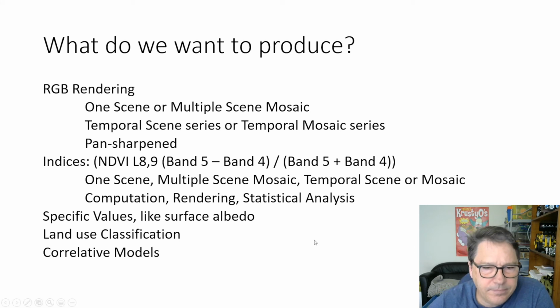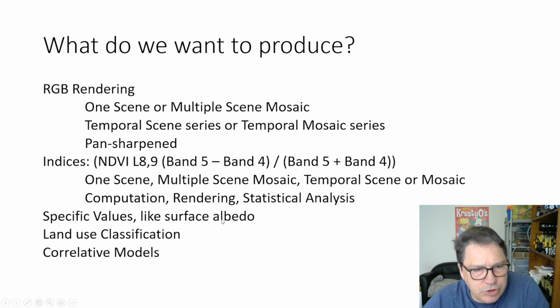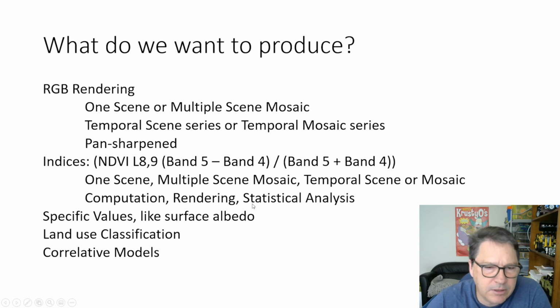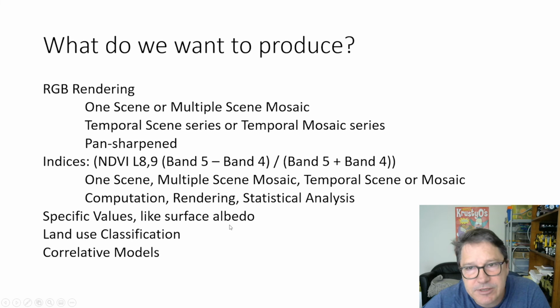And it depends what you want to do with that index, whether you just want to compute it or render it, or whether you want to do statistical analysis of that index, in which case it's important that it's consistent from one place to the next. And then there are other things that you can produce, like specific values, like surface albedo, for example. You can do classification, for example, for land use, and correlative models.